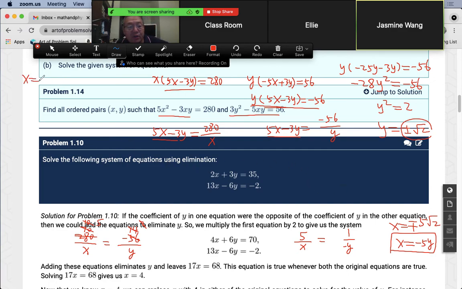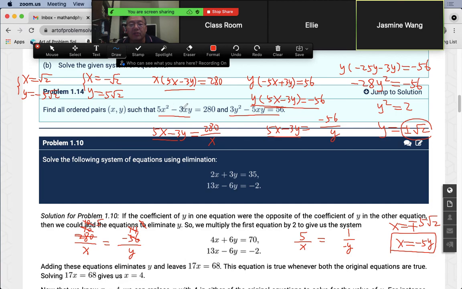When x equals root 2, y will equal negative 5 root 2. Okay? This is one set of solutions. Another one, when x equals negative root 2, y will equal positive 5 root 2. Okay? This is another solution.